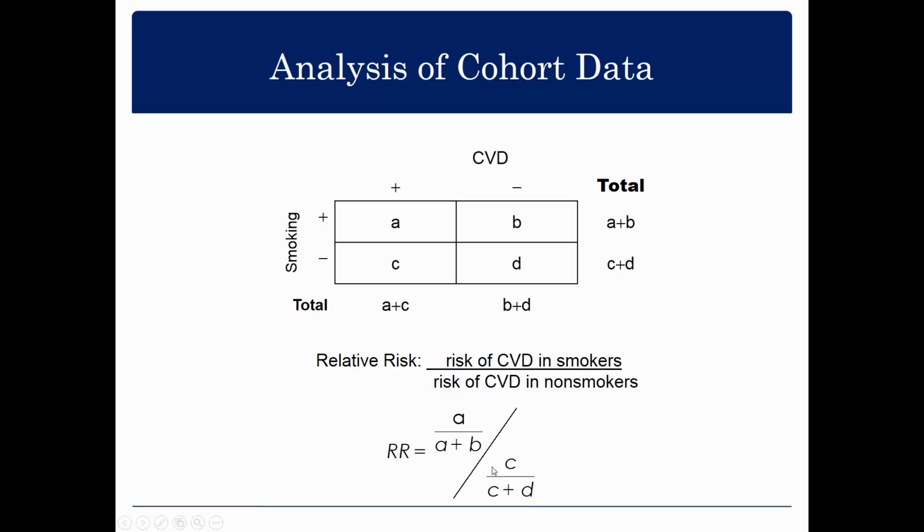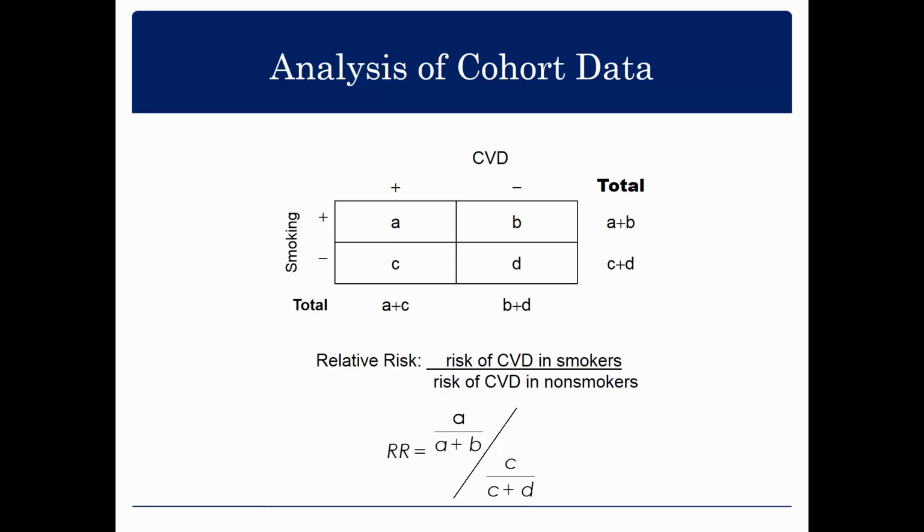And the risk of cardiovascular disease in non-smokers is the total number of non-smokers, and how many of them developed cardiovascular disease. And a ratio of those two things, just like in the odds ratio, gives you an idea of the increased risk of the disease in the two groups.